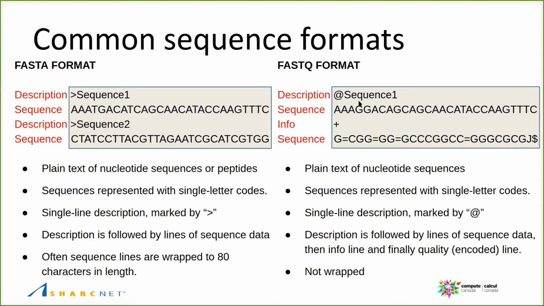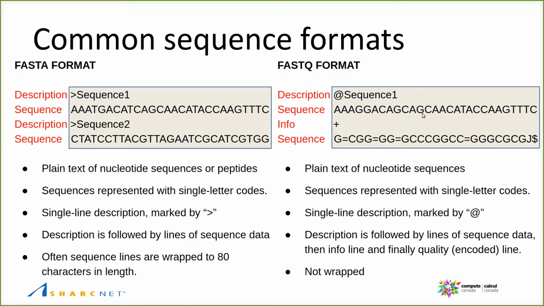It will also have a description line, which normally starts with an @, and then the name of the sequence. Oftentimes, there are conventions depending on the platform that you're going to use. Illumina has a particular way of naming the sequences that will give you some extra information.